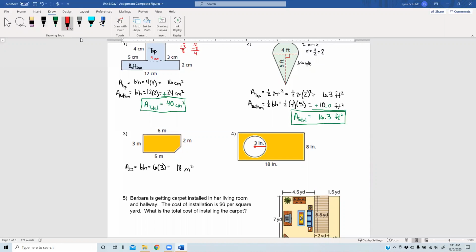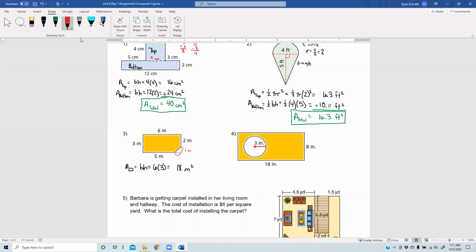But now some cruel person wanted to mess with our brains here, and they wanted to cut this little bitty triangle out. What's this distance? 3 minus 2 is 1, so that's 1 meter they cut out there.